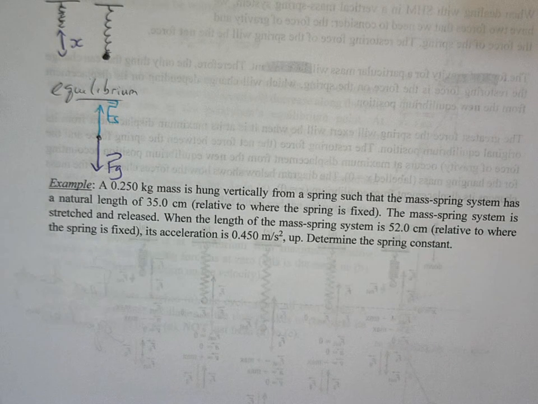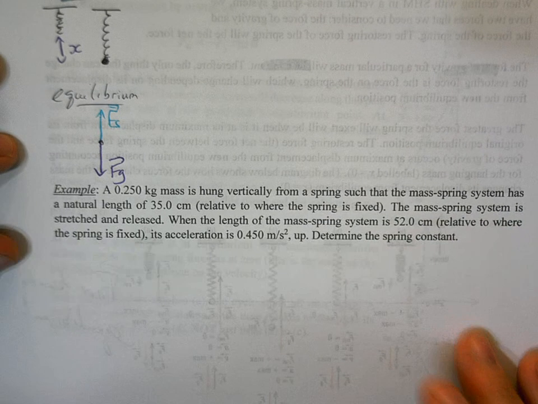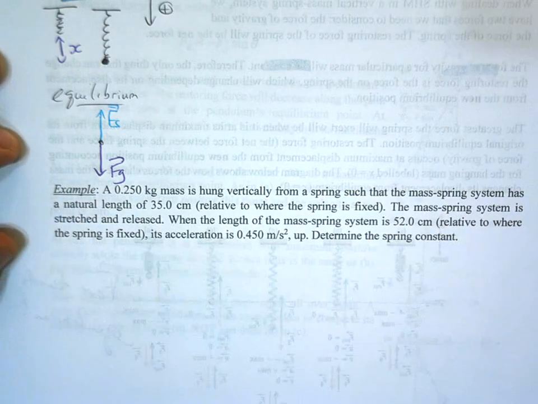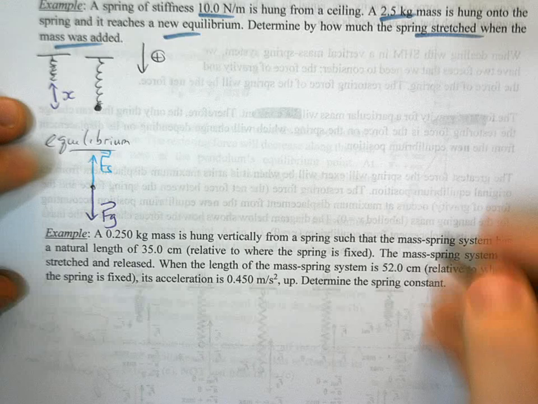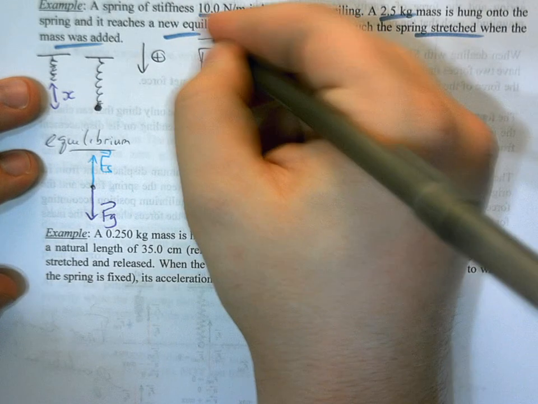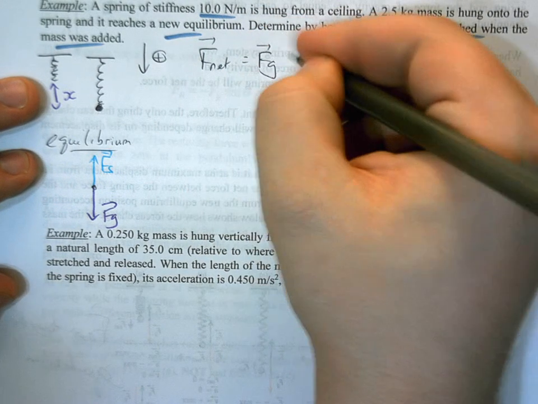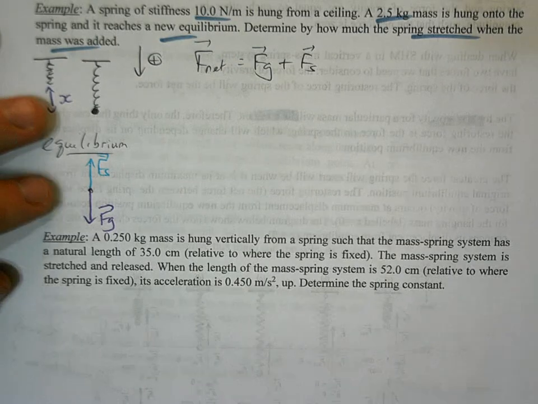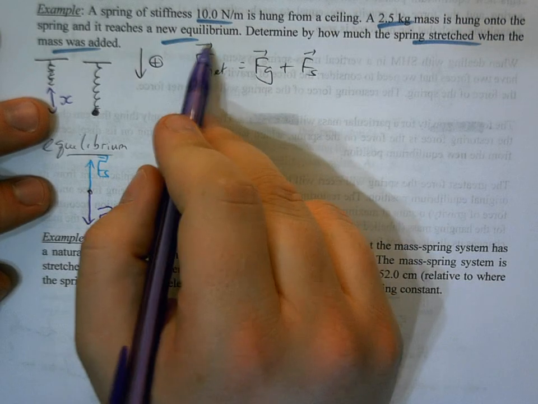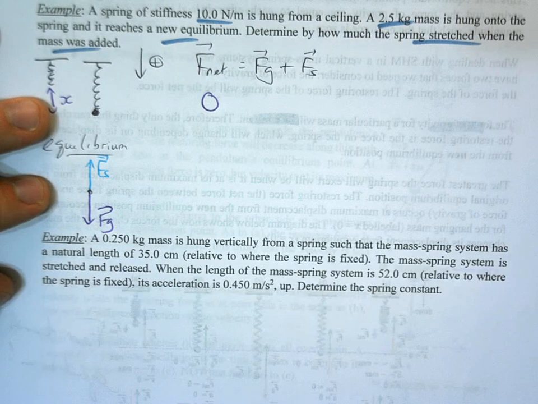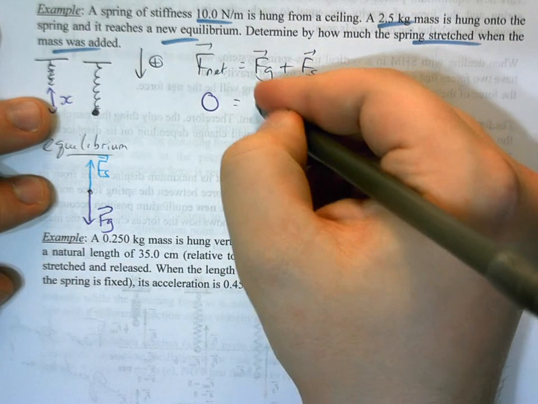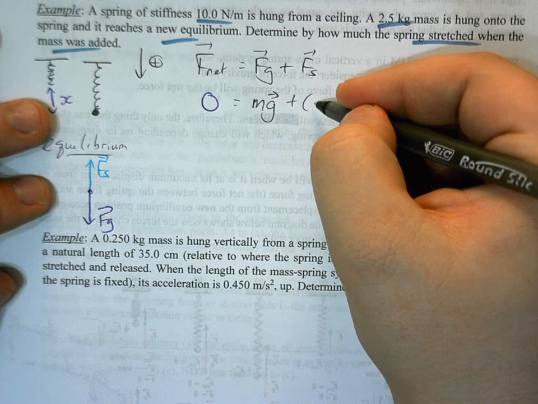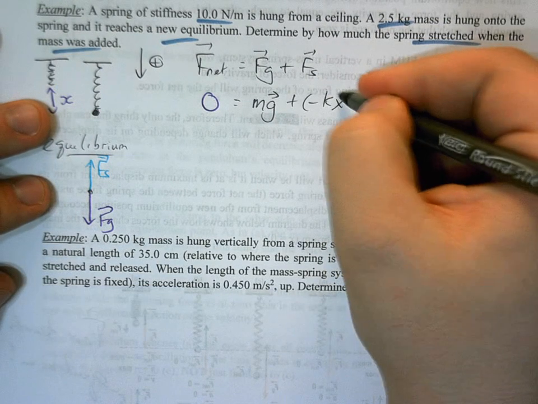I also need directions, so I'll call down positive. The net force is the force of gravity plus the force of the spring. This is in equilibrium, which, as we talked about in dynamics, is a fancy way of saying net force is 0. Fg is just mg, and the force of the spring is negative kx.